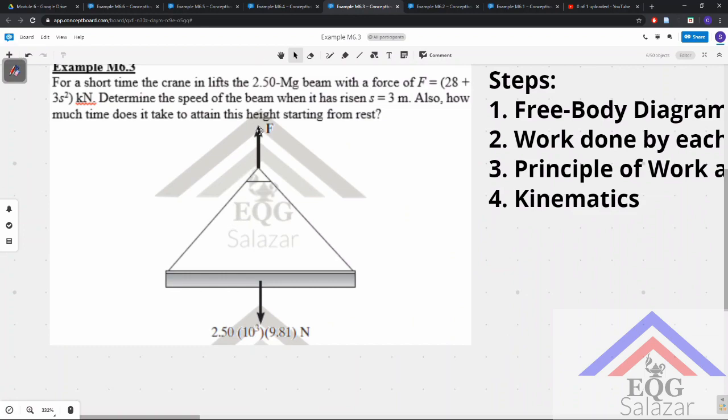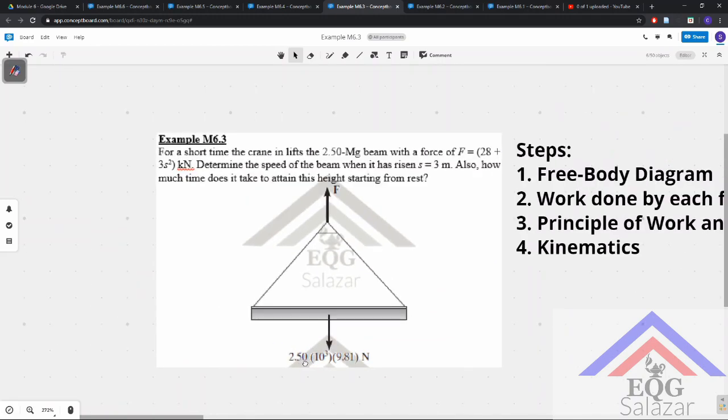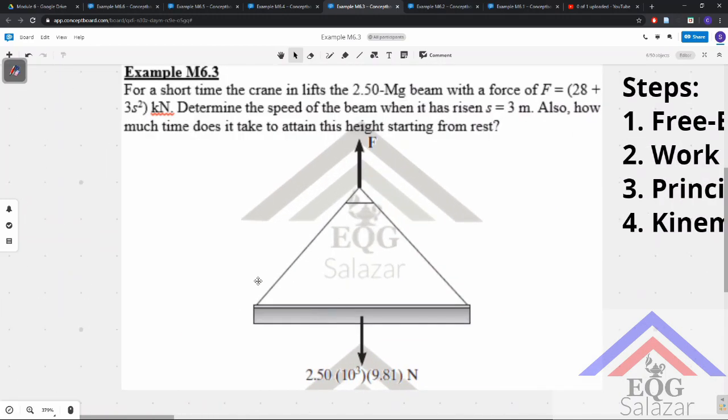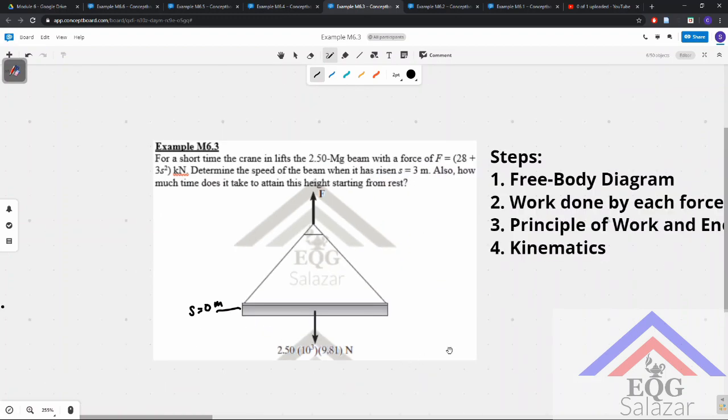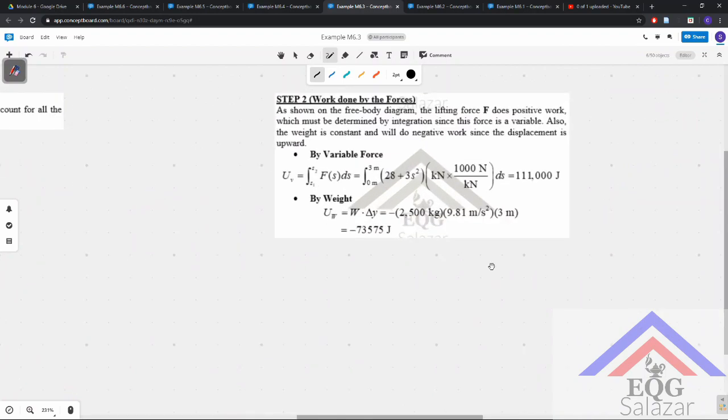We want to bring this beam up while the weight is pulling it down. We take the reference point here as s equals 0 meters.